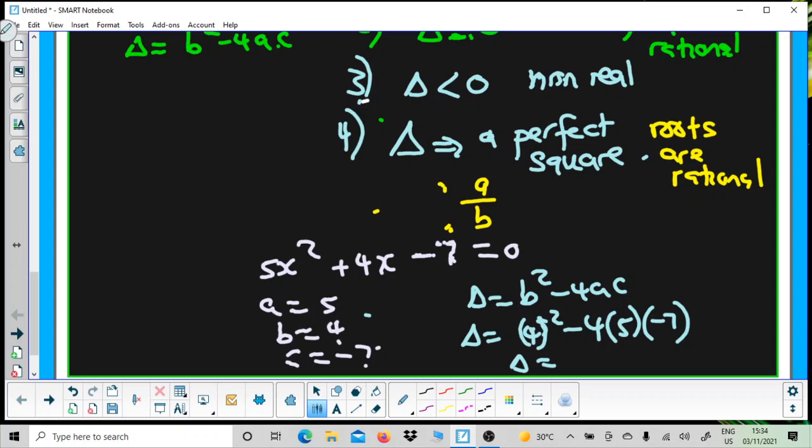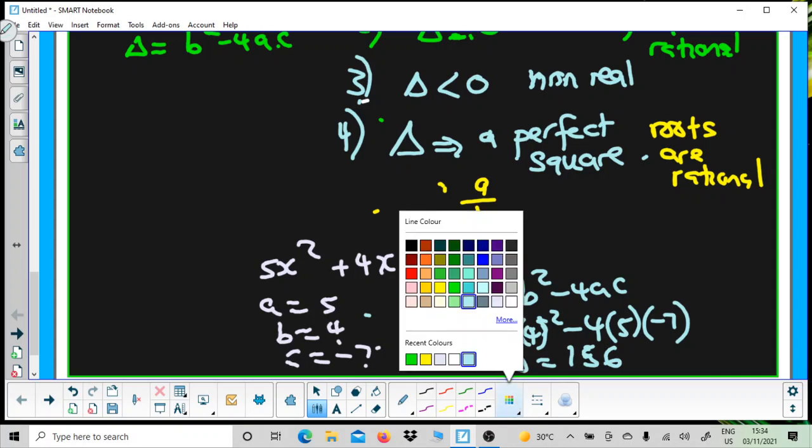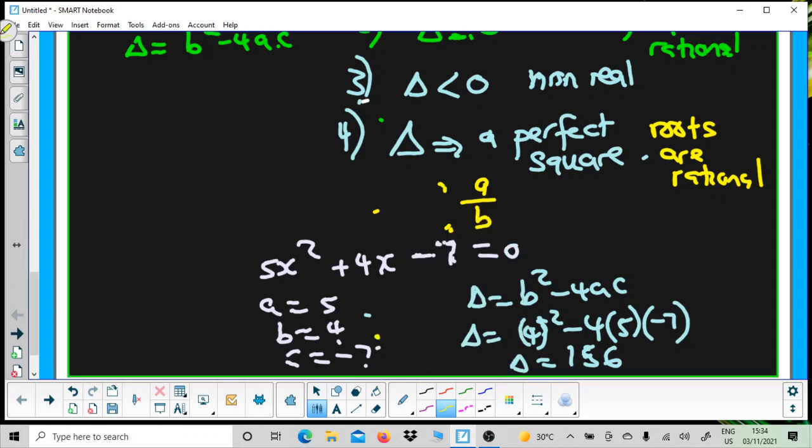Did you say 156? Right. Please, people, if I am asked to describe the nature of these roots right here, I already know that 156 is greater than 0, don't I? So I have one thing, it's real. And because it's also not equal to 0, I know the roots are unequal. And here is the annoying part.